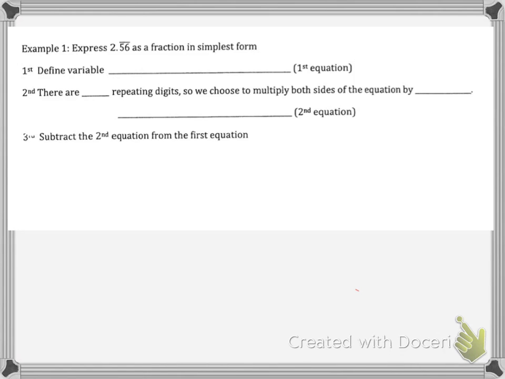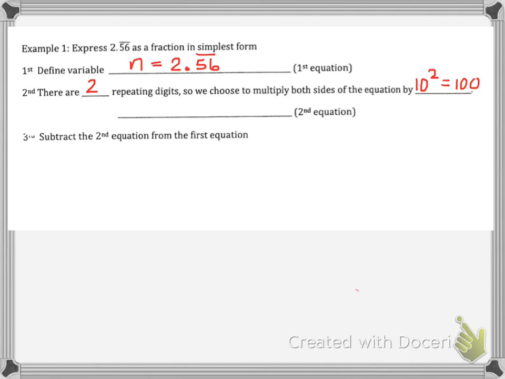So our variable is equal to the repeating decimal, so n is equal to 2.56 repeating. There are two repeating digits, the 5 and the 6, so we choose to multiply both sides of the equation by 10 to the second power, which is 100.